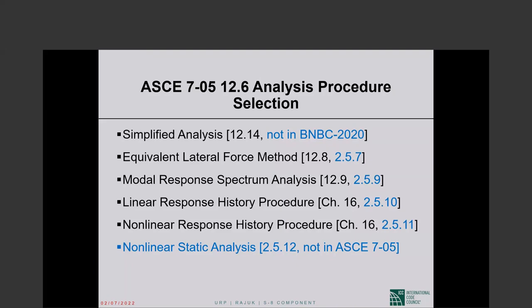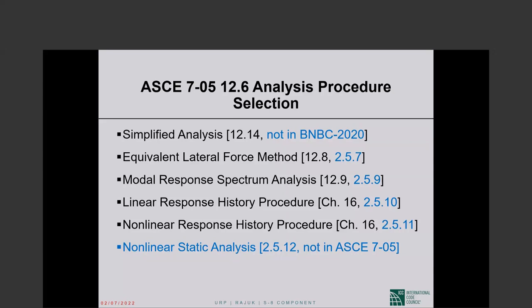In the military document that we put under contract, the nonlinear static has still been maintained, but ASCE 7 does not have nonlinear static analysis.